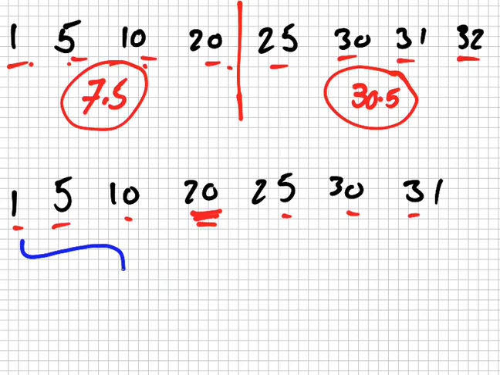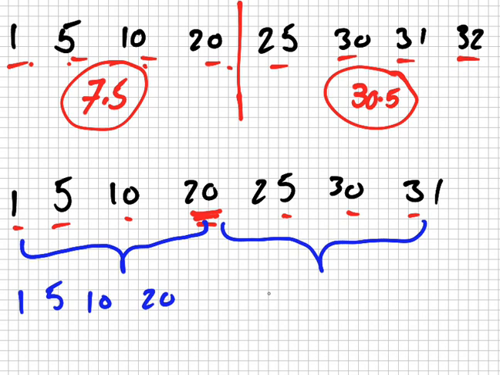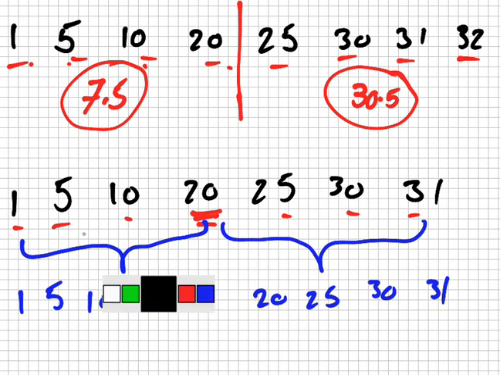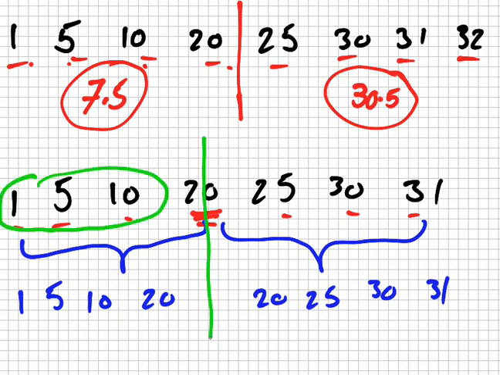You can say this is the lower half, 1, 5, 10 and 20, and then this is the upper half, 20, 25, 30 and 31. Or you could say this is the lower half, 1, 5 and 10, and don't include the 20, and then 25, 30, 31.